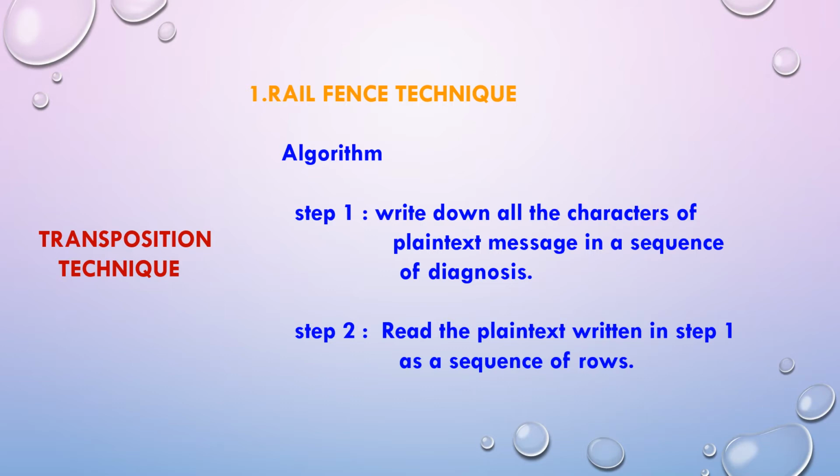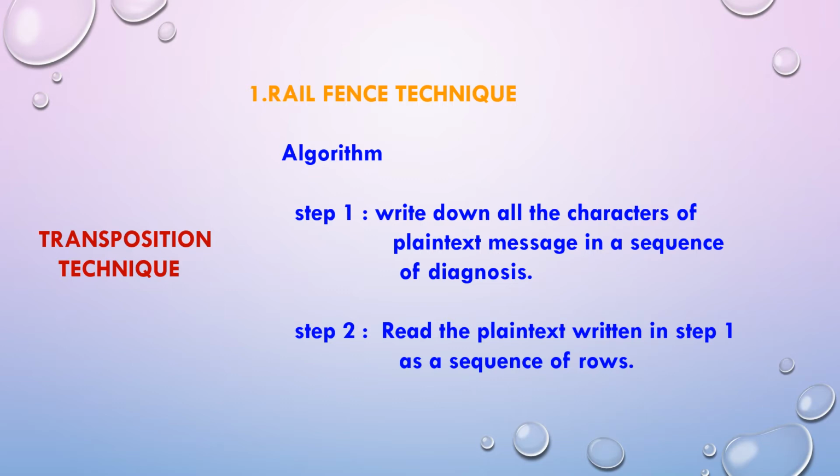So another letter will be up, another will be down. Likewise, we have to arrange all the alphabets present in the plain text in a zigzag manner. After writing, we have to read the plain text row-wise. First we read the first row, after that we read the second row. The result will be the ciphertext.